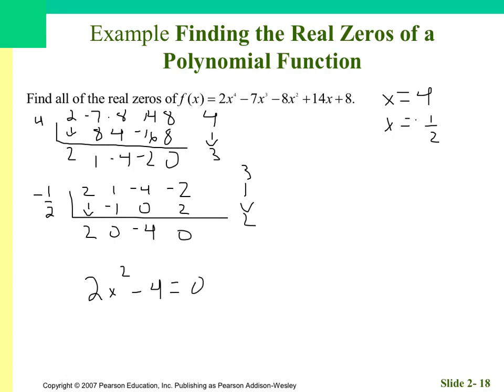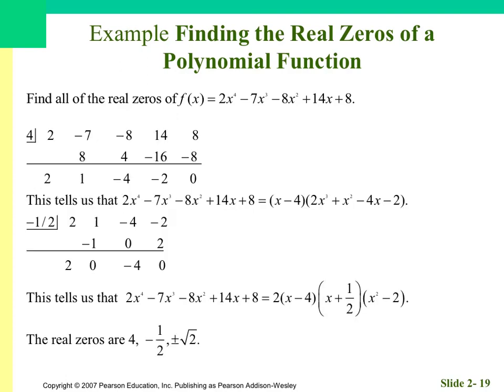So add the 4, divide by 2, square root it, so you get x equals plus or minus the square root of 2. So let's see. There are all the real zeros.